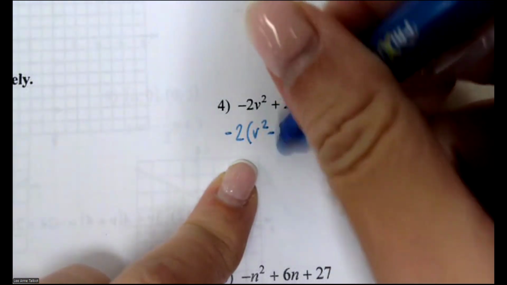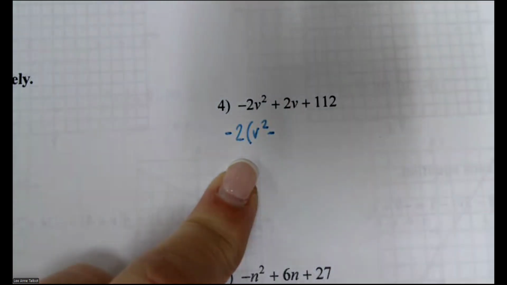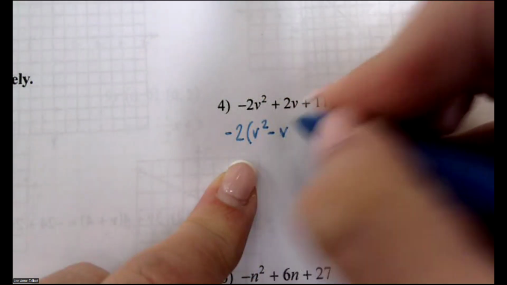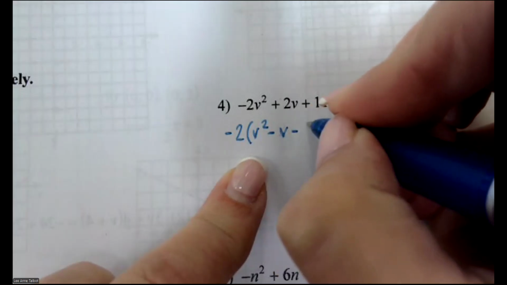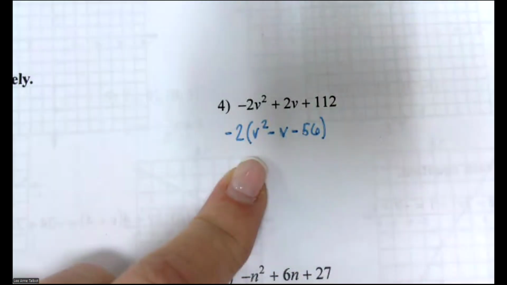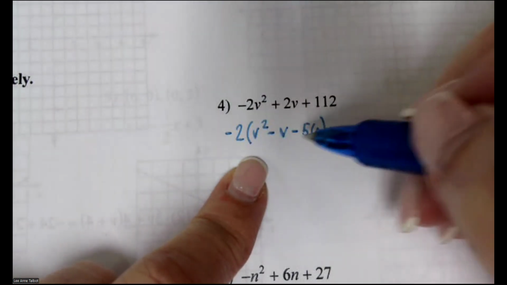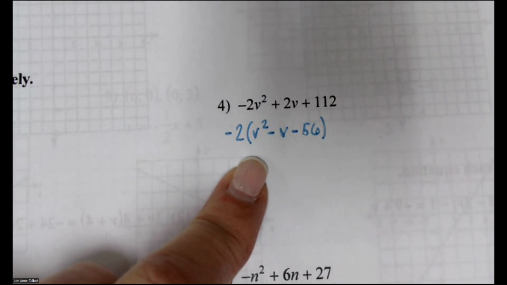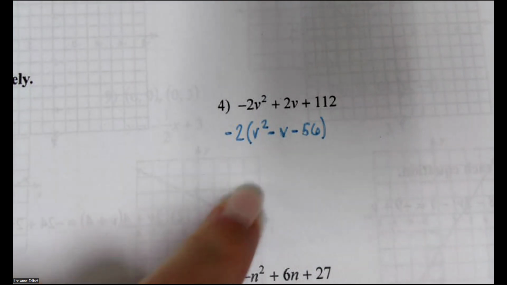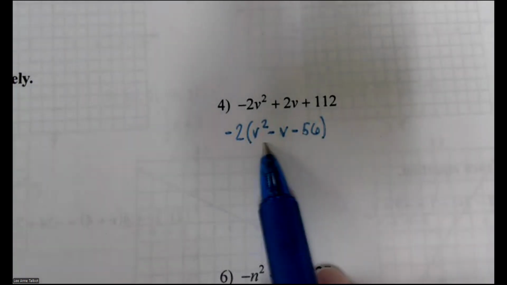Nope, nope, nope, nope. The minus b. And changes this to -56. So when you take out the -2, it changes the sign of everything and divides by 2. And that, do you guys see how this is a much easier diamond?